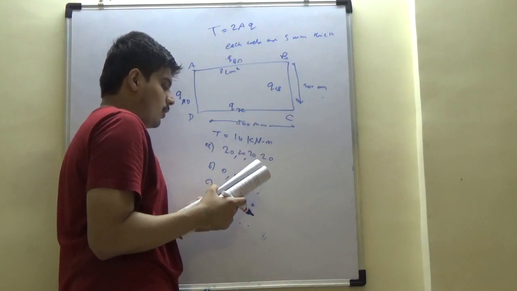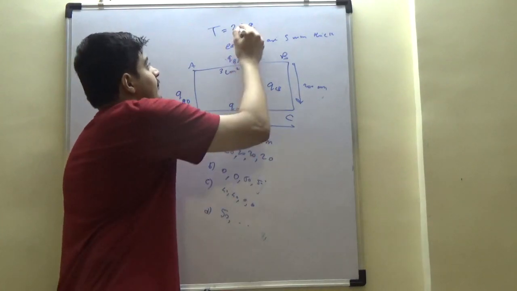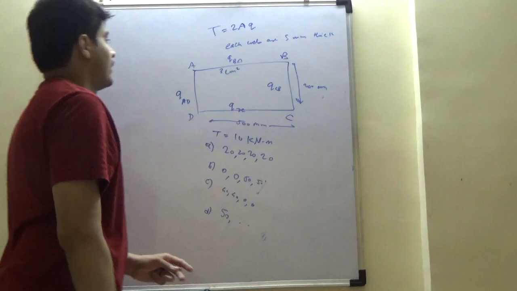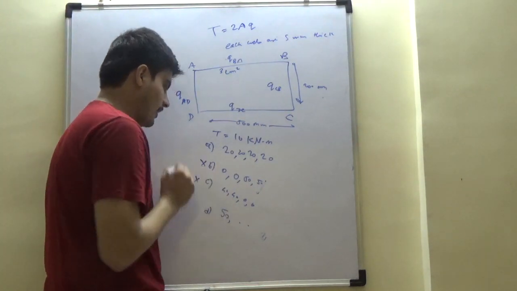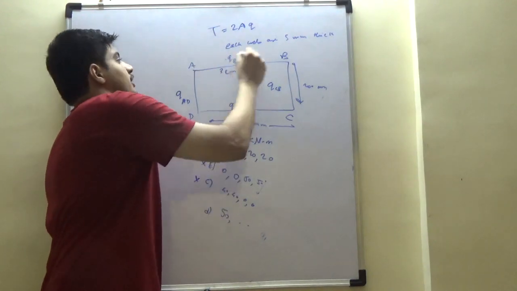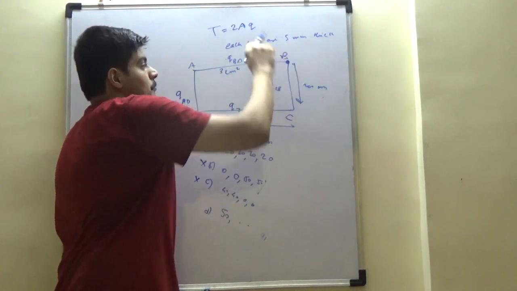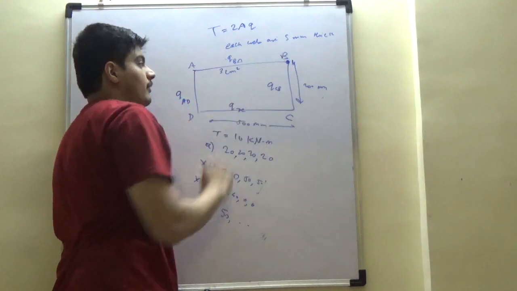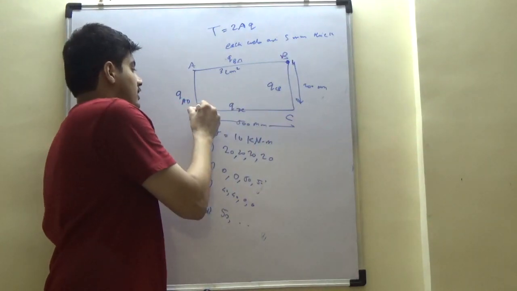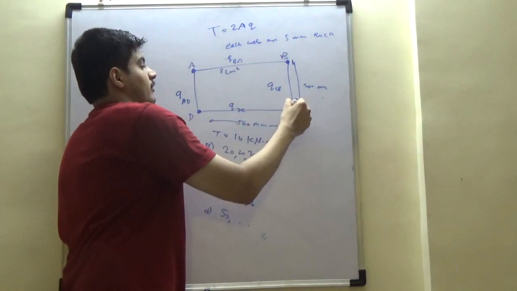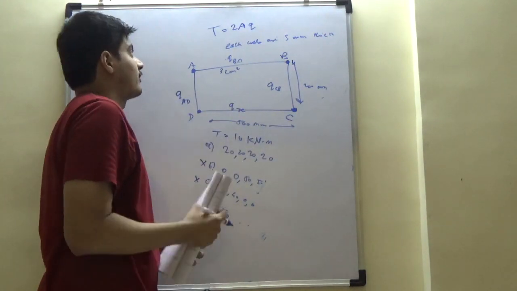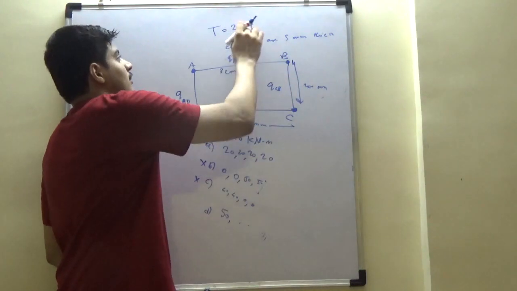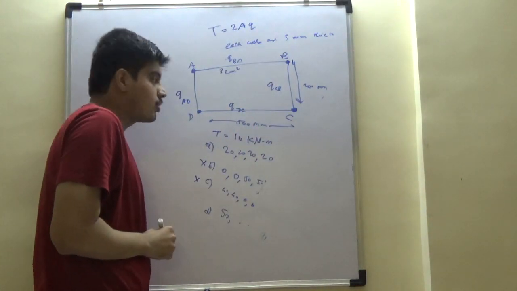So if you look at the area, qualitatively, first of all, these options can be eliminated. Why? If shear flows are different, at the limbs there is going to be net movement, and this cannot sustain the bonds, which means the shear flow has to be uniform. It is a closed section, and for a thin section it is simply given as 2A into shear flow.